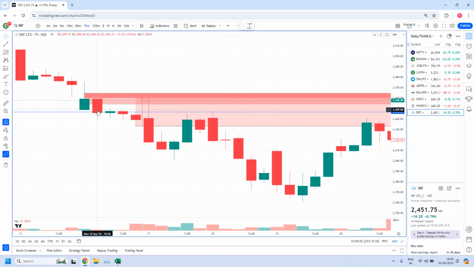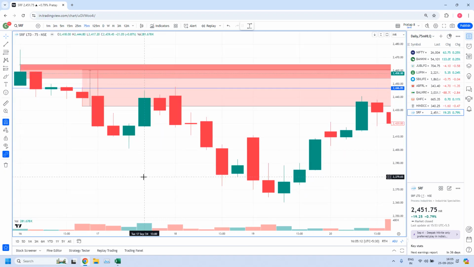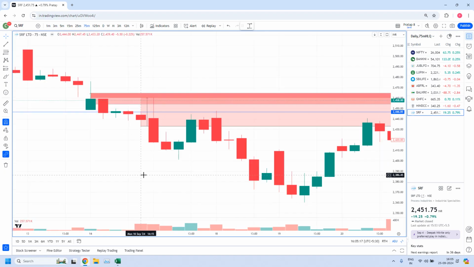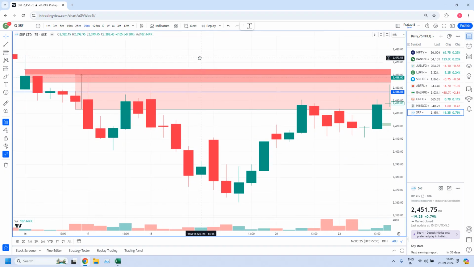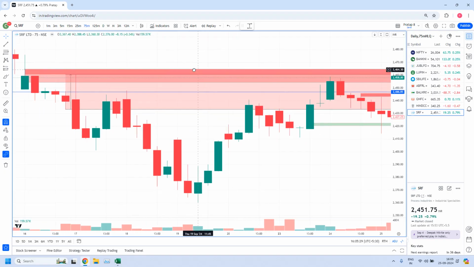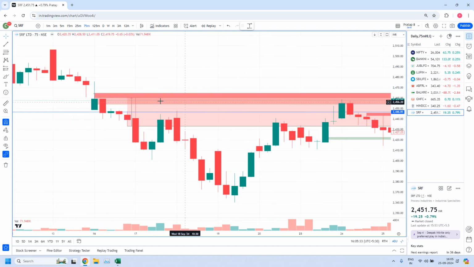So we have a drop, 3 base candles, and then a drop candle: drop base drop. This is the 75 minute zone.